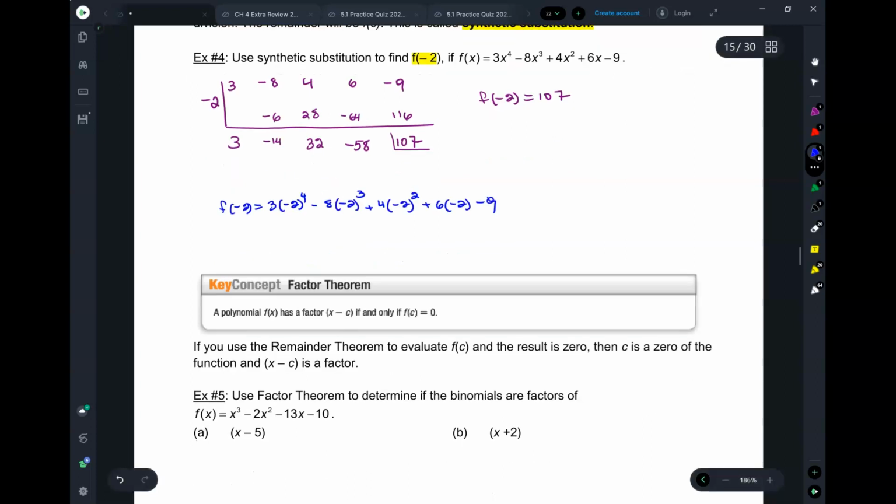So what is this? That's 3 times 16, minus 8 times 8, plus 4 times 16, minus 12 minus 9. And all of that is 107. Okay? So do you see how much cleaner this is?